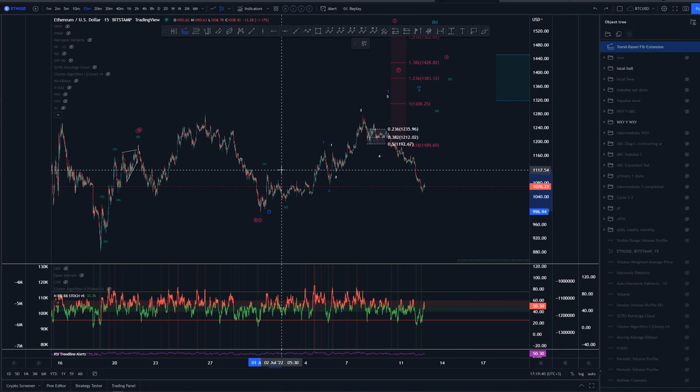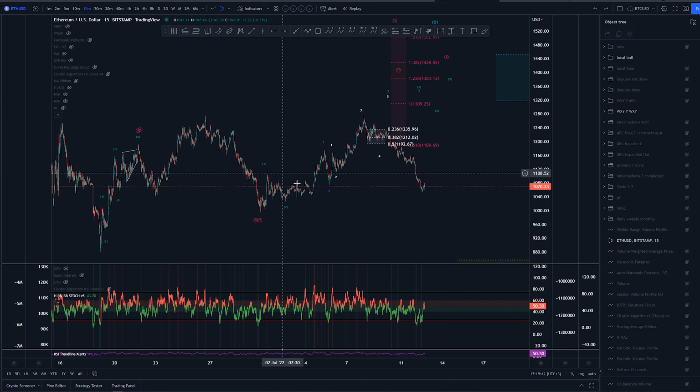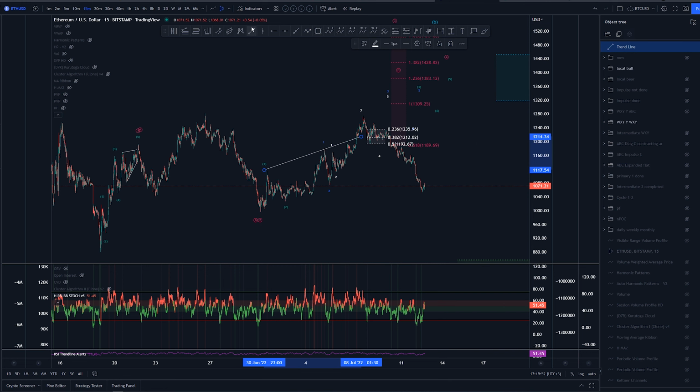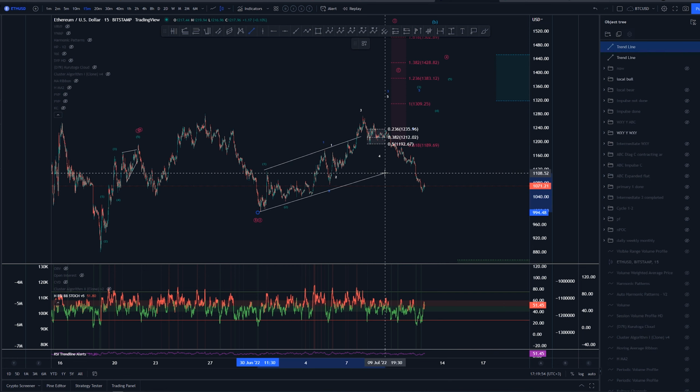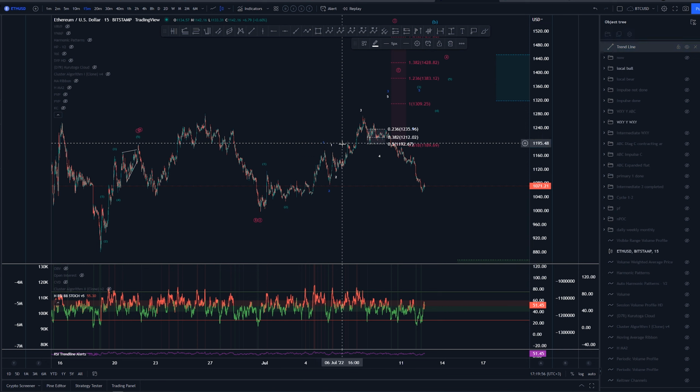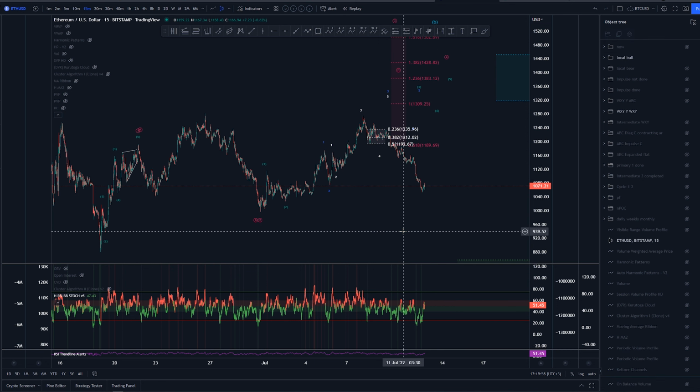To me, it looks so wonky that it definitely is not possible unless it is an expanding diagonal. And at that point again, if we are pivoting from these highs, we definitely don't have that right look into it. So yeah, the bullish scenario at this very moment is no longer the case at all.